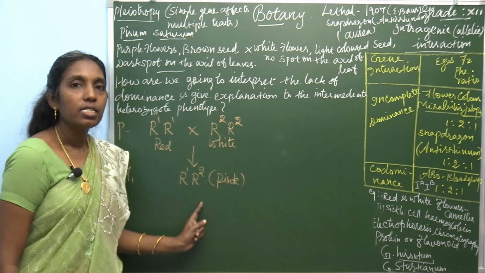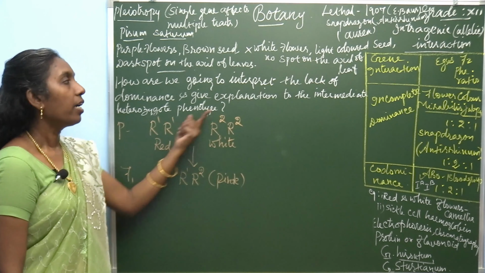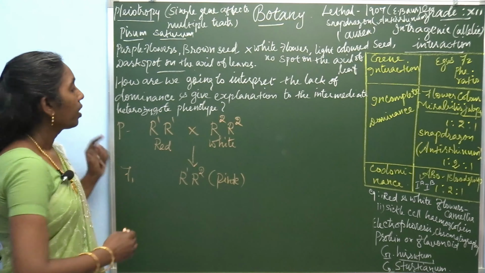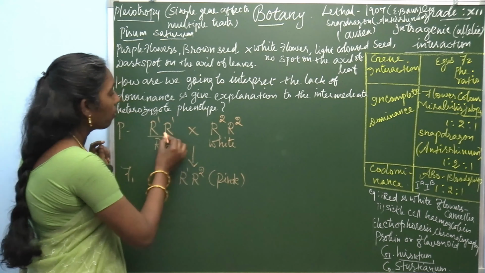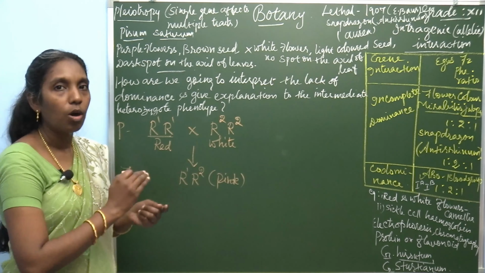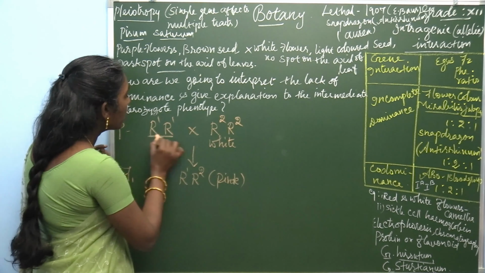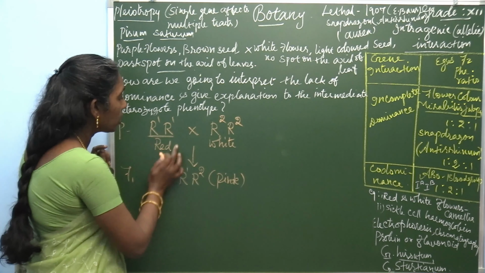So, what's the reason this pink color develops? That's the question: how are we going to interpret the lack of dominance and give an explanation for the intermediate heterozygote phenotype? Here two characters are there, homozygous dominant and homozygous recessive. Homozygous dominant is R1R1, which is red color.